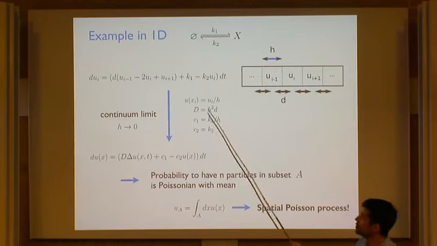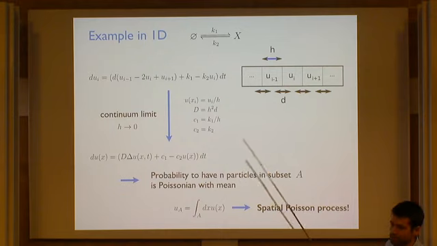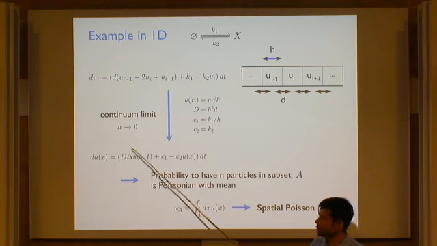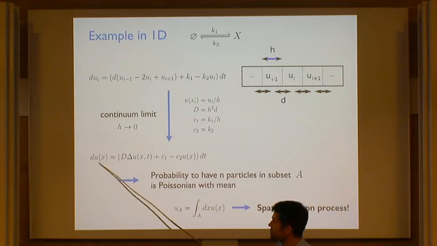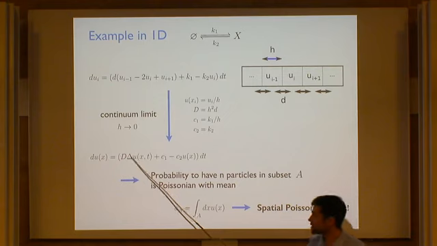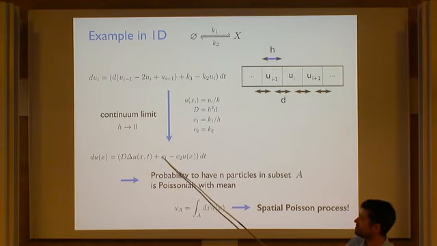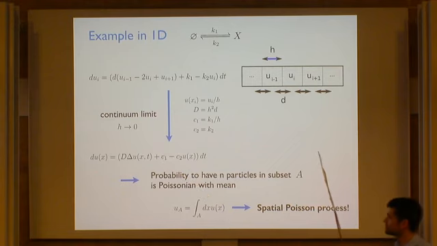So if we introduce a concentration field and rescale our parameters appropriately, we can take the continuum limit, and what we get is the equation for now a field, which is a function of continuous space, and we just get such a partial differential equation, where this is the Laplace operator. So this just describes diffusion. We get a production term and a decay term.